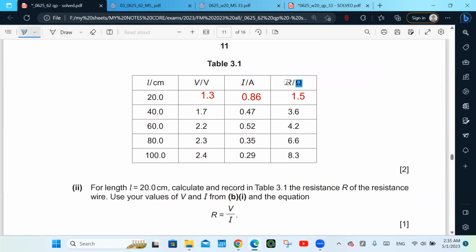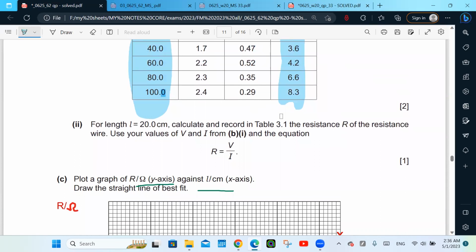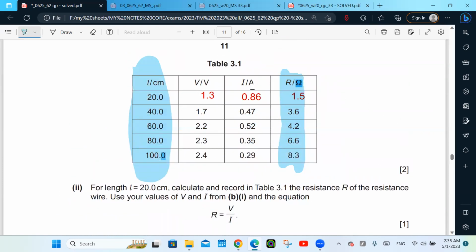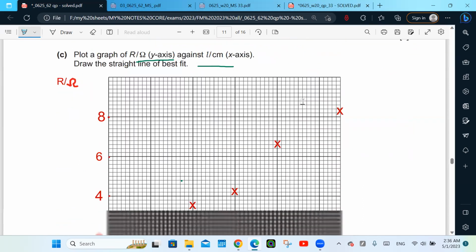Okay. To avoid any mistakes while you are drawing the graph, you can make a highlight or a circle with a pencil, and you can cancel it, or you can rub out the pencil at the end of your exam. Be careful that you are plotting between L in centimeters and the resistance in ohms.